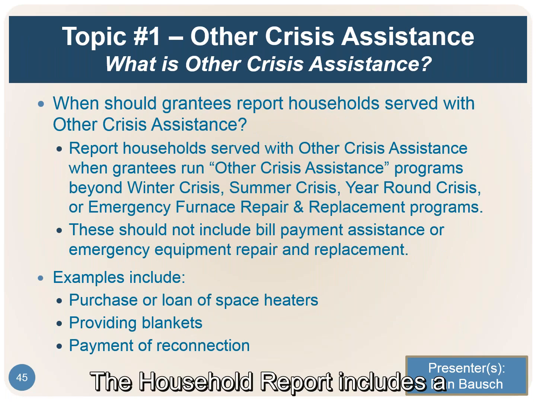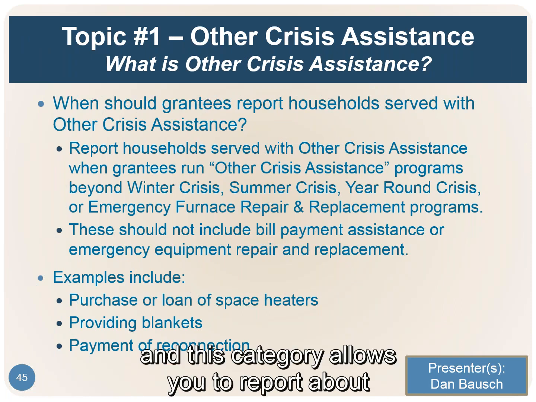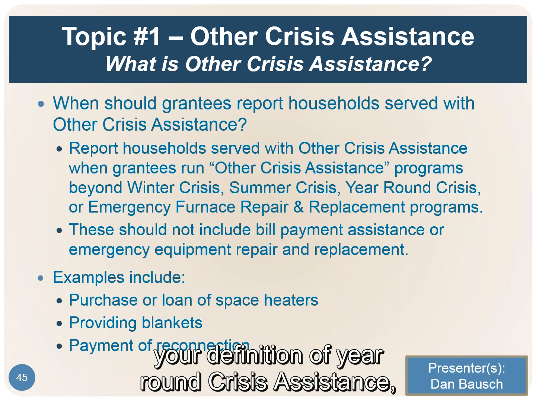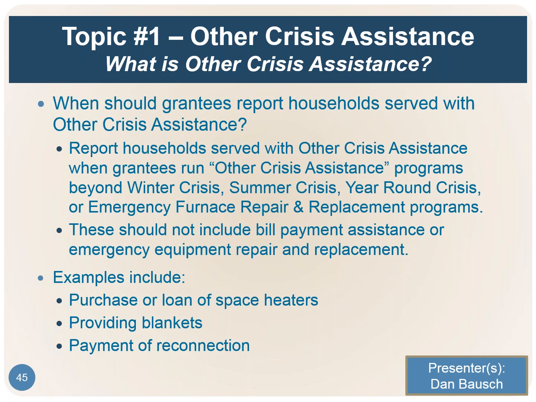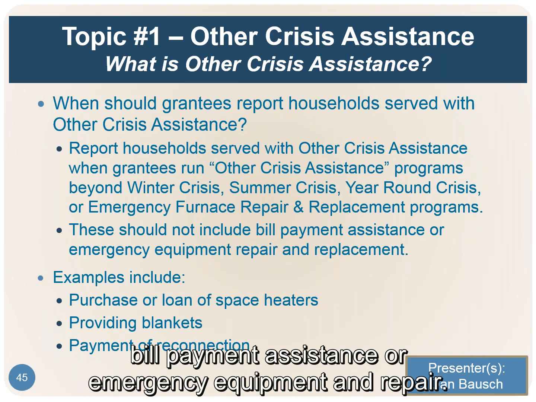So the household report includes an other crisis assistance category, and this category allows you to report about any other crisis assistance that doesn't fit into your definition of year-round crisis assistance, winter, summer, or emergency furnace and repair. And in general, other crisis assistance is not going to include bill payment assistance or emergency equipment and repair.